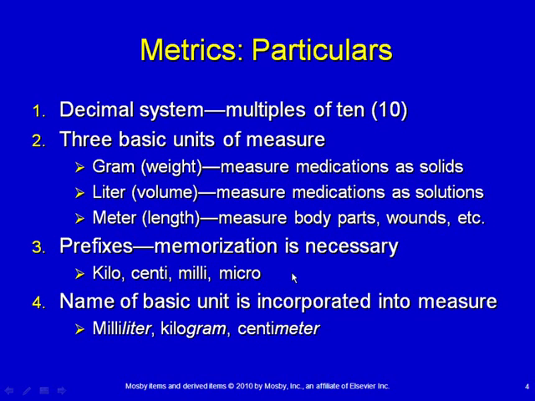In the past, a cubic centimeter was used as the same as a milliliter. That is no longer acceptable, and we use the milliliter only, not cc. A kilogram is our weight, and we have a conversion factor we associate with that with pounds that we will study in Chapter 9.